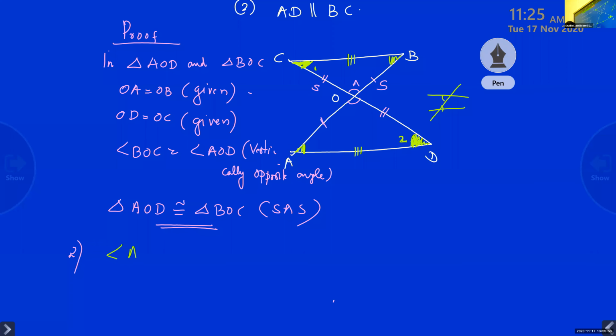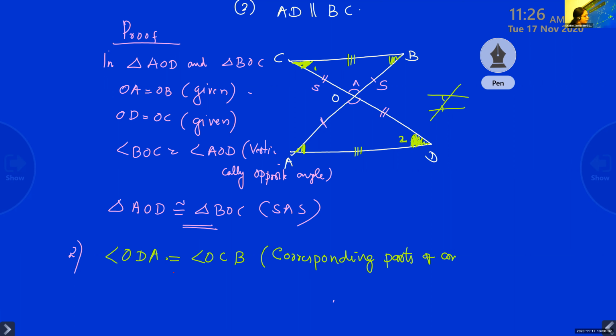These two angles form the alternate interior angles. Angle ODA equal to angle OCB, and you have to write the reason: corresponding parts of congruent triangles.